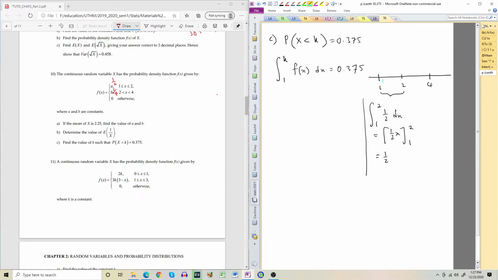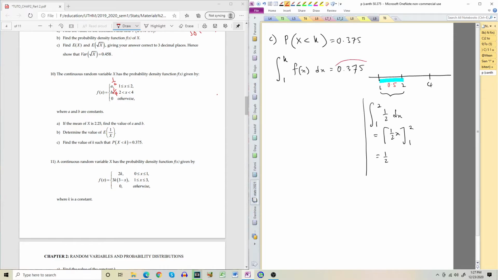If I integrate from here to here, I get 0.5. So the total probability over this interval is 0.5, but this one is 0.375, which is less than 0.5. Therefore k must be inside this interval.